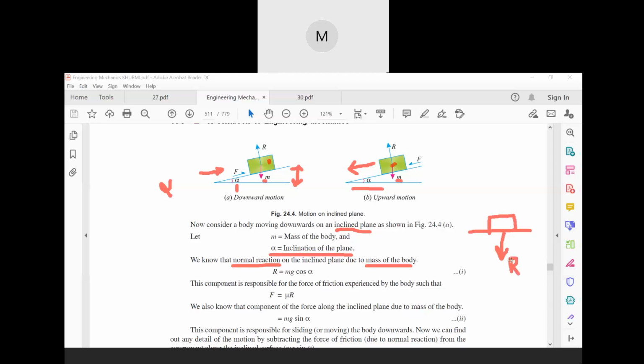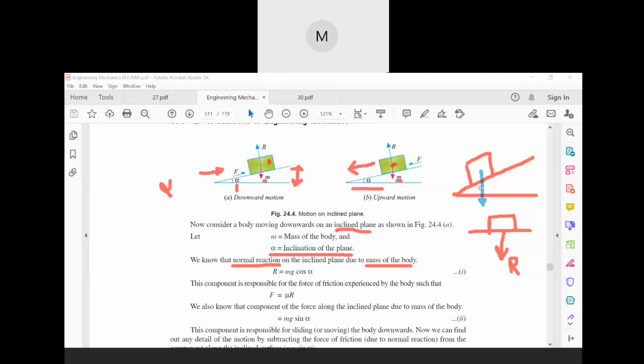perpendicularly downwards, and the body is inclined. If the body is inclined also, suppose in this manner, then also it has one normal, the normal direction coming from it, which is always perpendicularly downward.